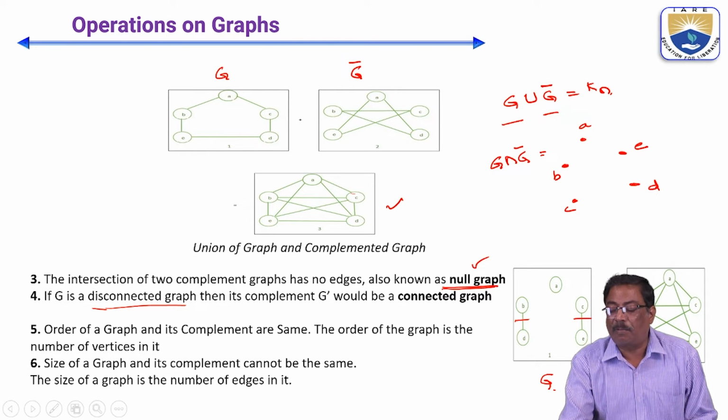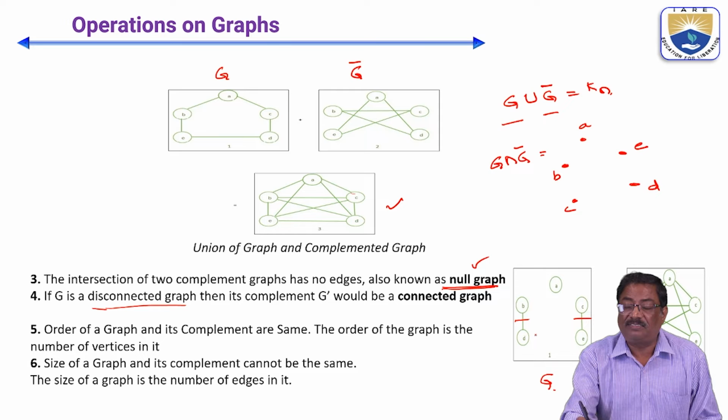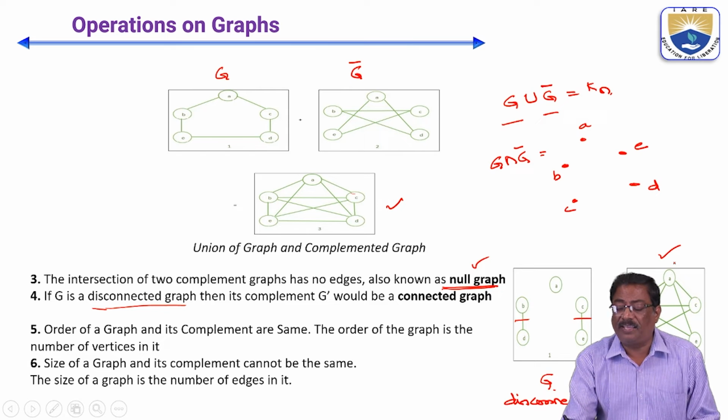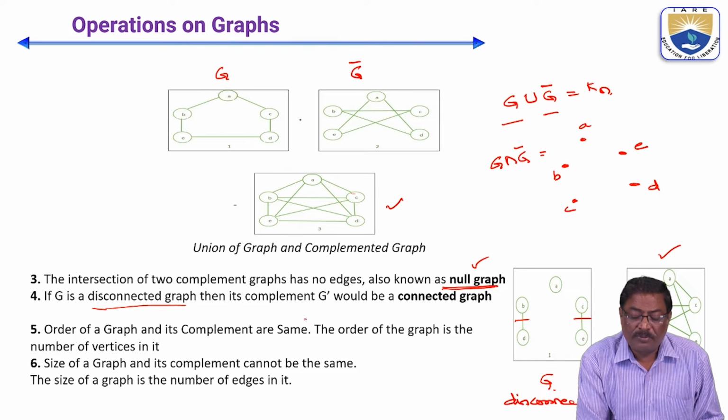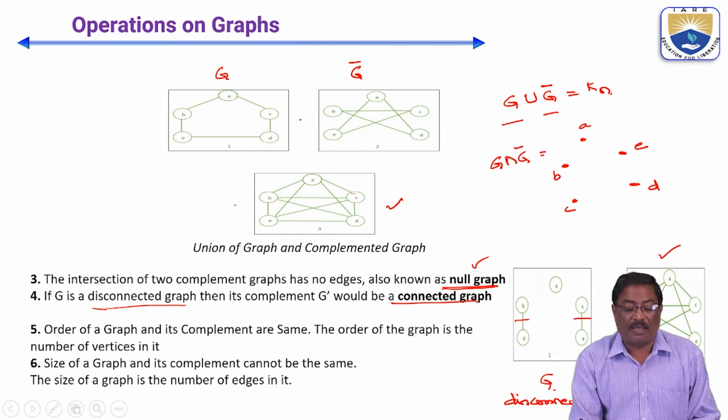So this is the complement, which we consider as G dash or Z bar. This is disconnected, whereas this is connected. So that is another property. G dash is the connected graph.